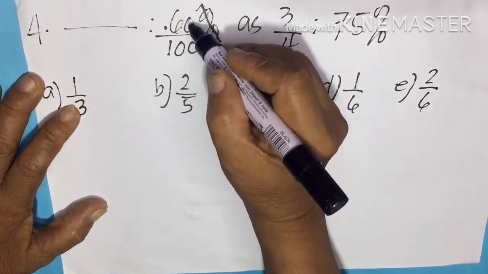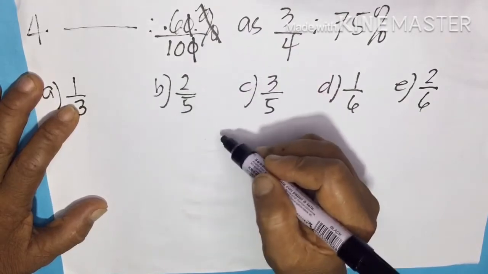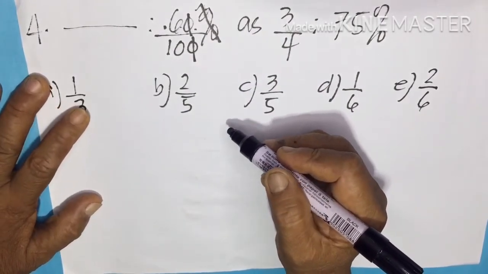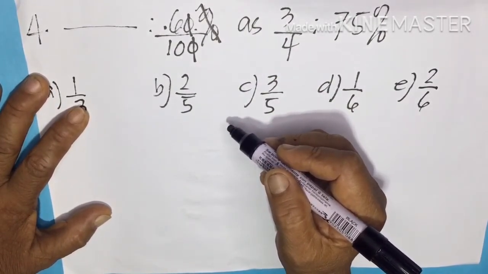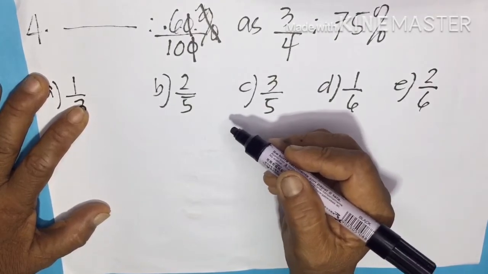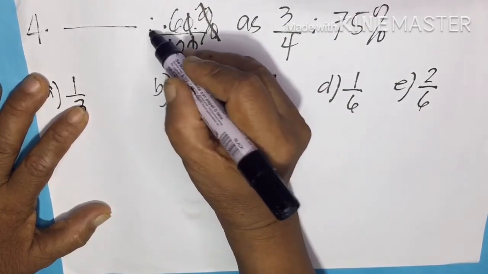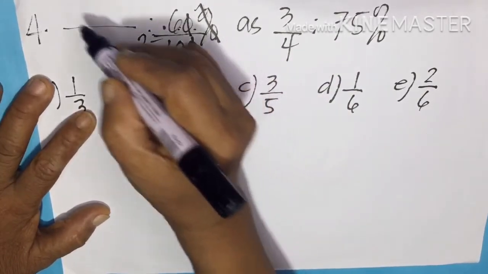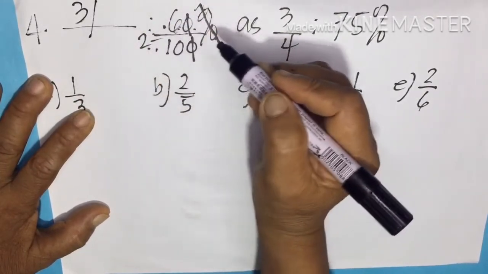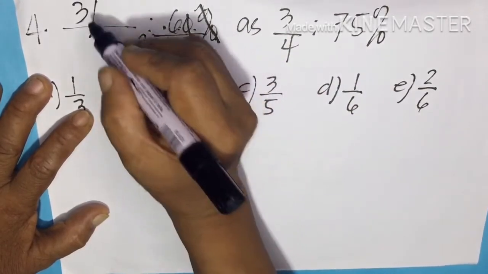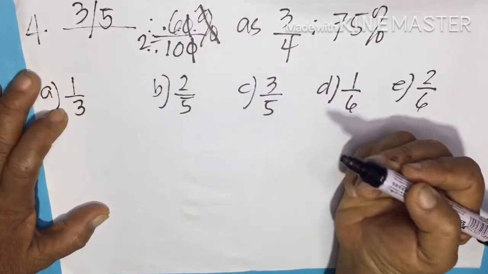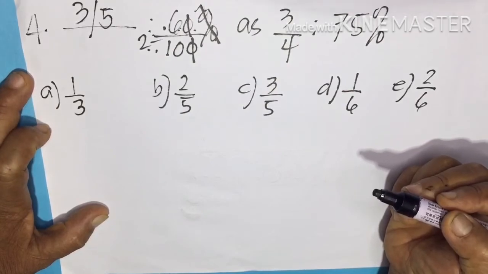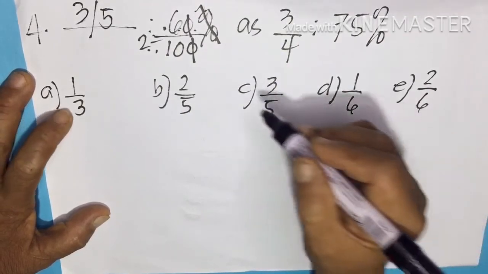Next, you are going to cancel the last zero, and find a number that can divide 6 and 10, which is 2. 6 divided by 2 is 3. And 10 divided by 2 is 5. Now your answer is option letter C.